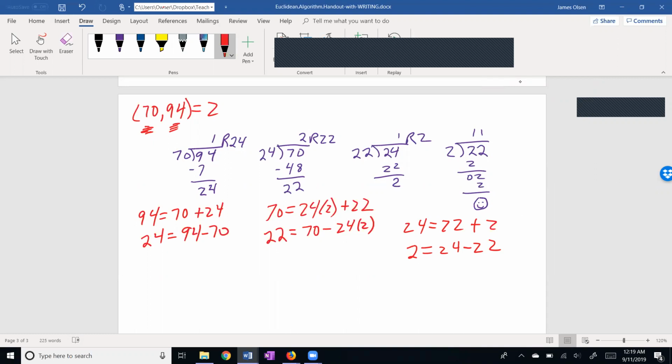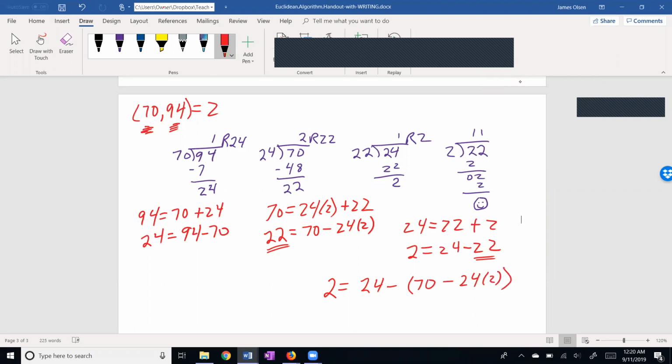So I start here at the end and work my way backwards, substituting for the remainders. So I'm going to first of all substitute for the 22. I have 24 minus the quantity 70 minus 24 times 2.